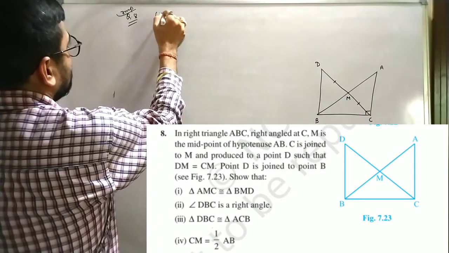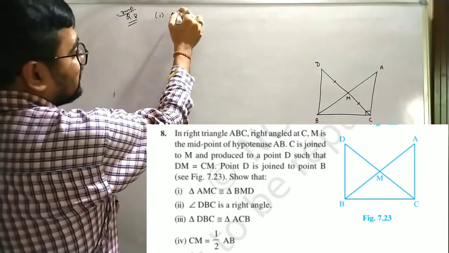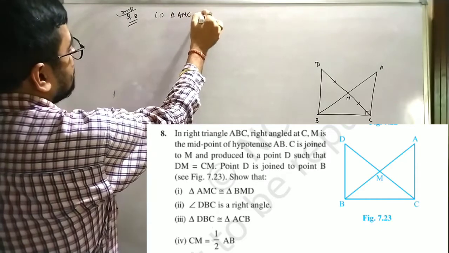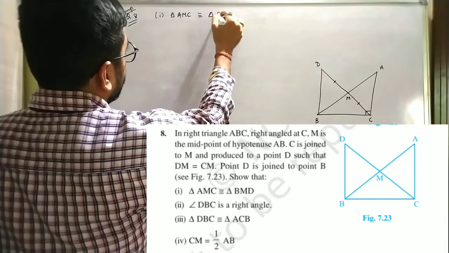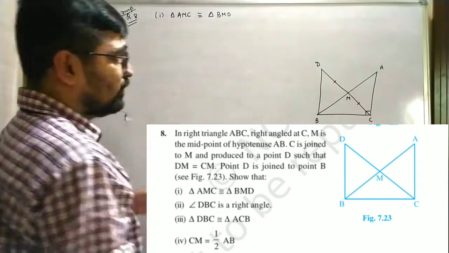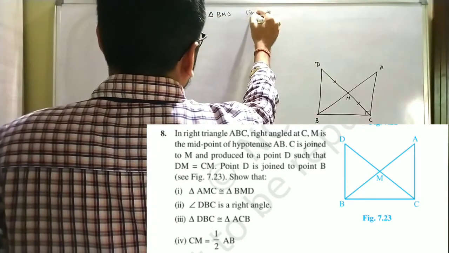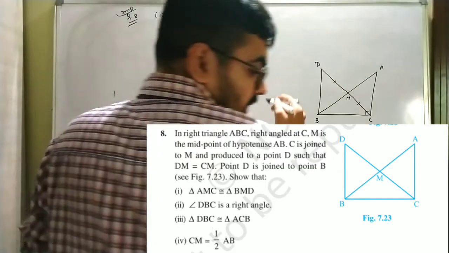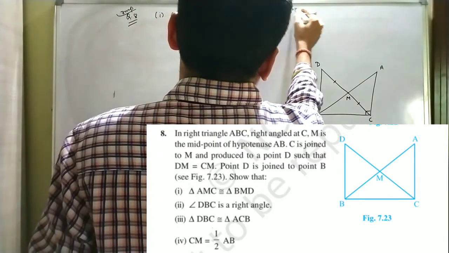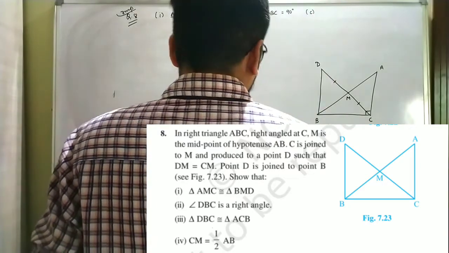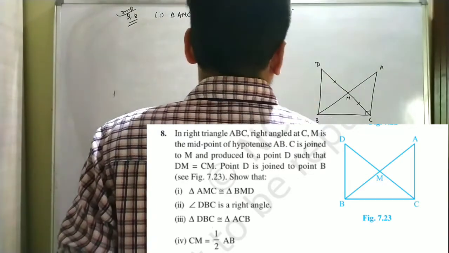So the first thing we are supposed to find is that triangle AMC is congruent to triangle BMD. Correct? There are 4 things to find. Then second, angle DBC is a right angle, that is 90 degrees.